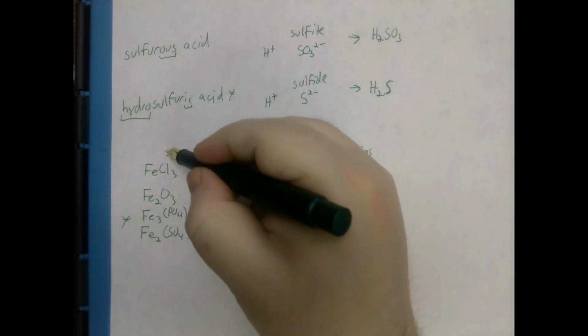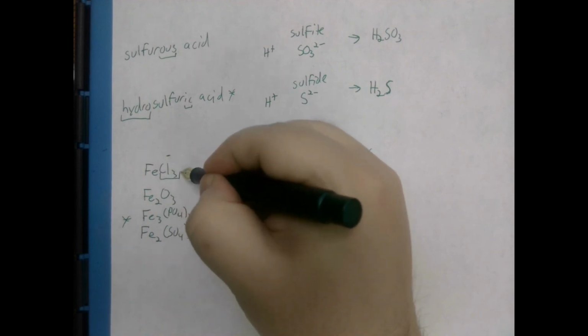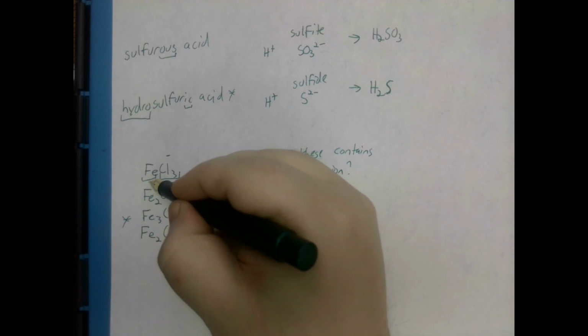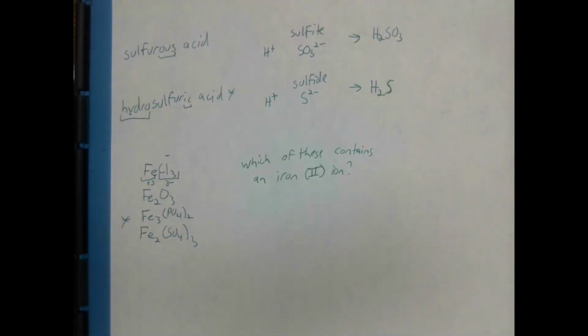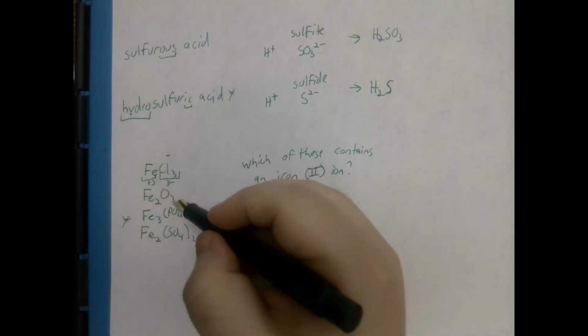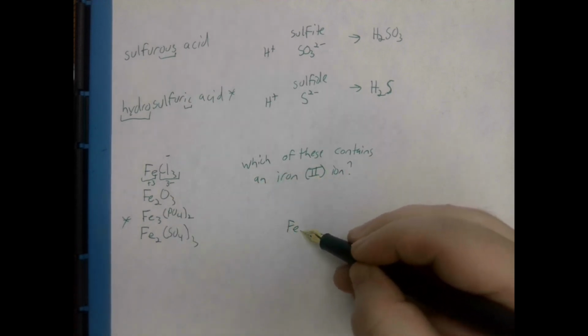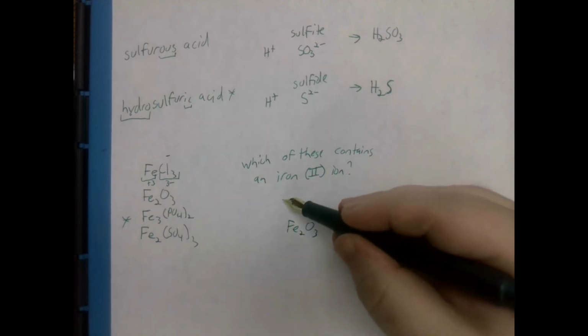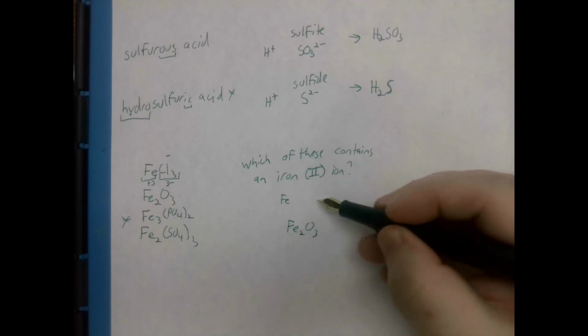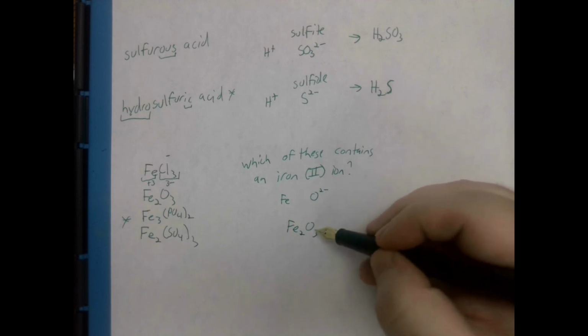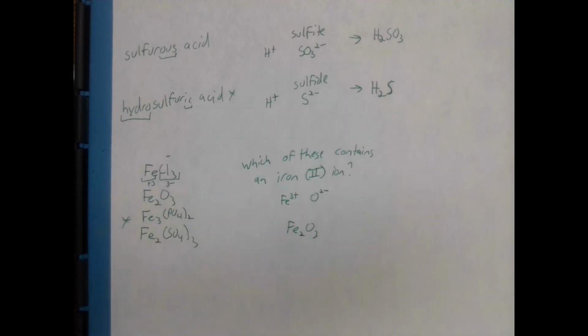So 3 times negative gets this whole thing. That's 3 negative, which means this must be positive 3. We just did this one. You can do the inverse of crisscross. So we know that we're going to have an iron ion here and an oxygen ion here. So 2 is going to come up here, while 3 comes up here.